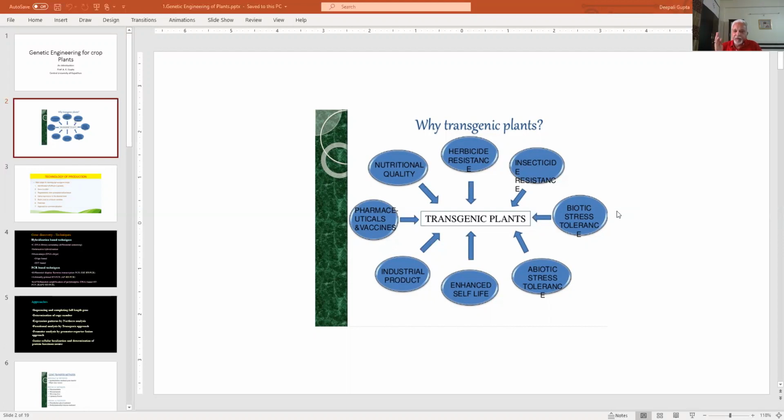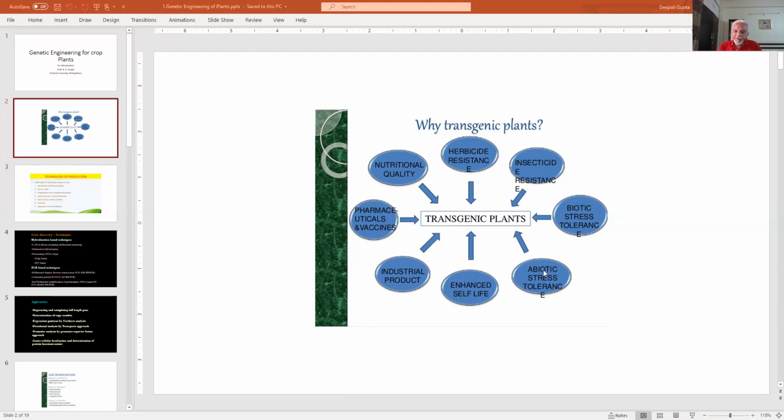These are the major factors which influence plant productivity in the field. And also, the plants are eaten or infested by insects, pests. So that is another factor which affects the quantitative plant productivity in the field.